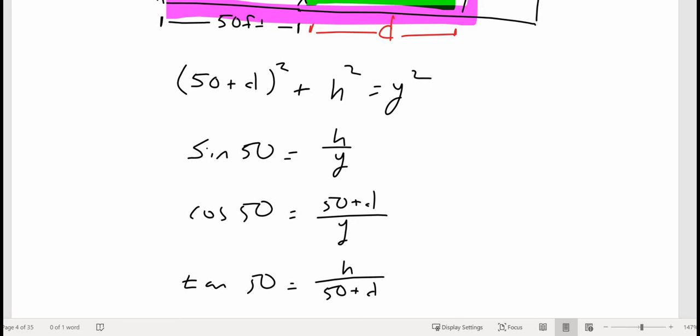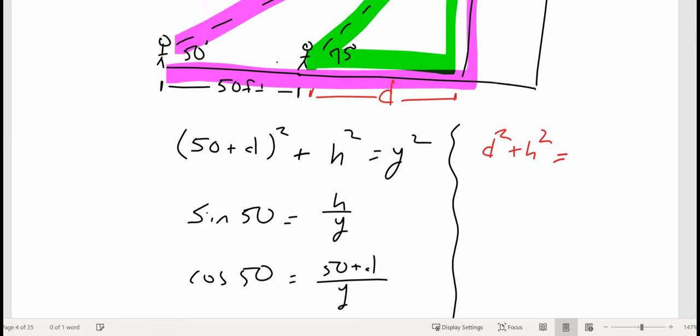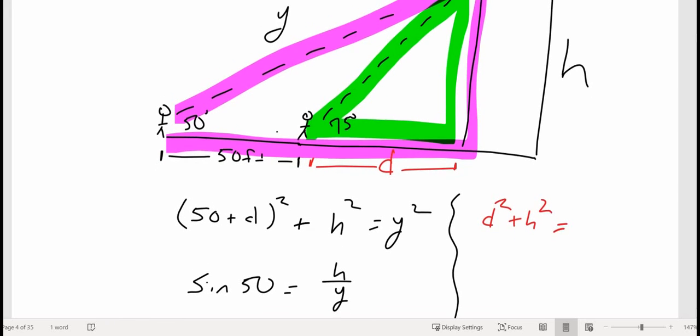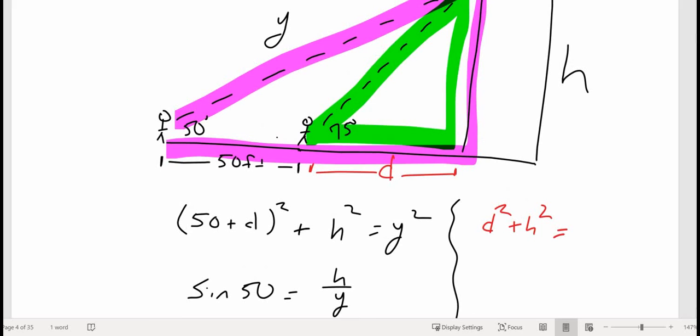But what else do I know? Oh, I've got the small triangle. This is part of problem solving: start listing the things that you know, or the things that you can figure out, even if it's just this basic definition stuff. With the small triangle, my Pythagorean theorem would be d squared plus h squared equals, I guess I have to call this little side something, so let's call it x.